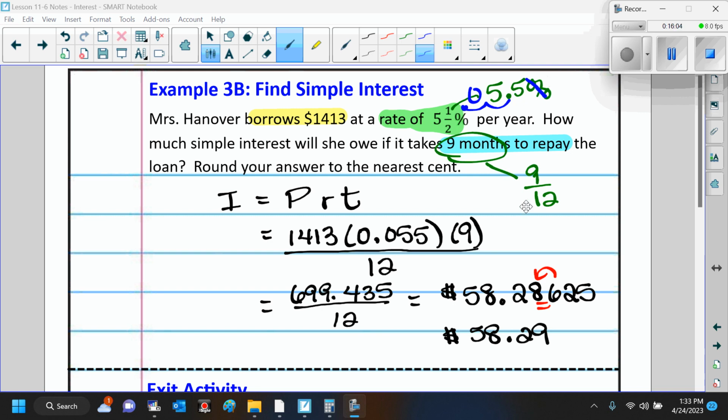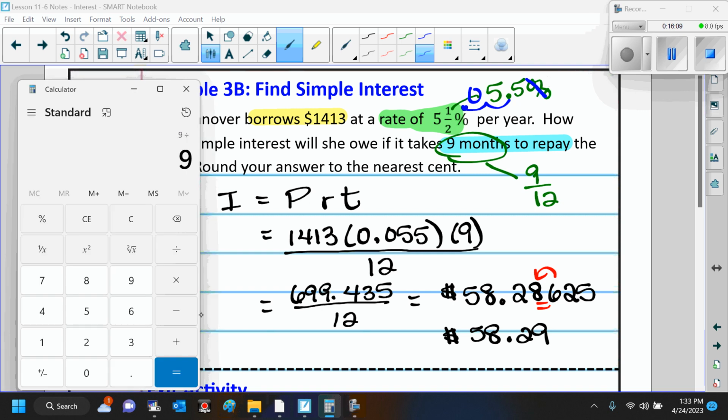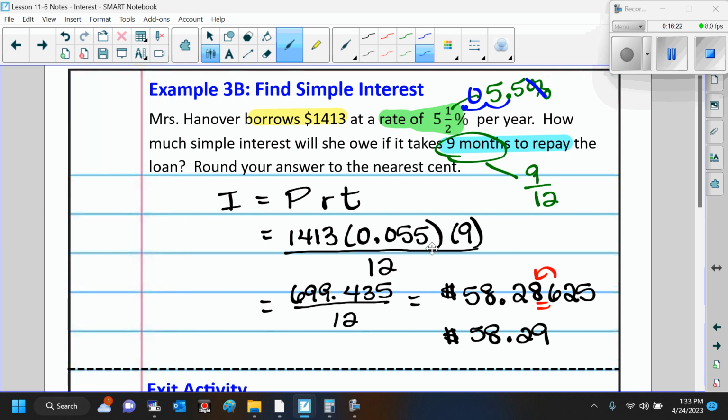Since if you change 9/12, 9 divided by 12, you get a terminating decimal, you could have also just put 0.75 in for the time. Is everybody clear with that? But I did it in fraction form. So 9 divided by 12. So then I multiplied the entire numerator, got this, then divided the whole thing by 12, and I got this. Rounding to the nearest cent, that 6 tells me that I want to round up. Is everybody clear with that? All right, very good.